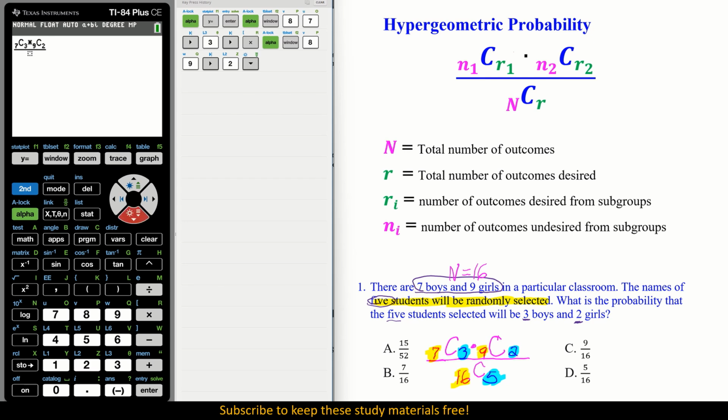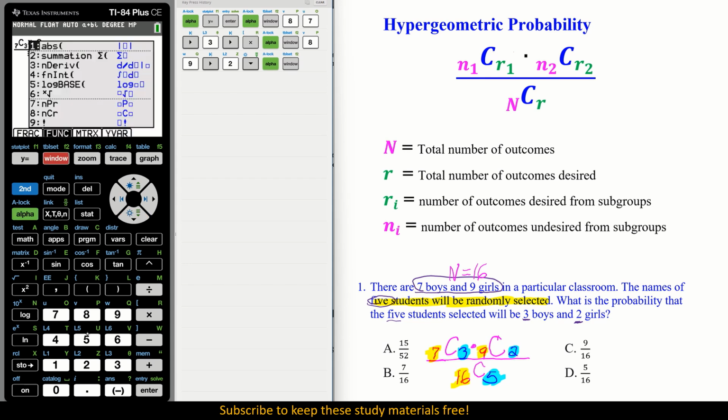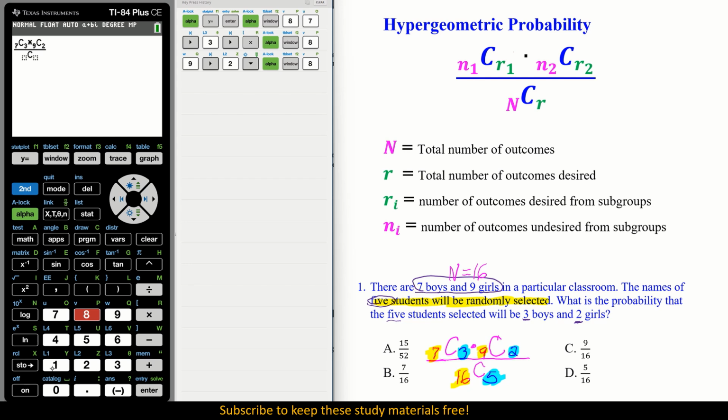Then now let's talk about our total subgroup, our two primary situations. It's our denominator, so that's alpha window 8. So we have 16, but out of those 16, we're interested only in 5. Okay, let's double check that setup. Okay, looks good. Now let's push enter. Okay, that would be option A, which is actually correct.